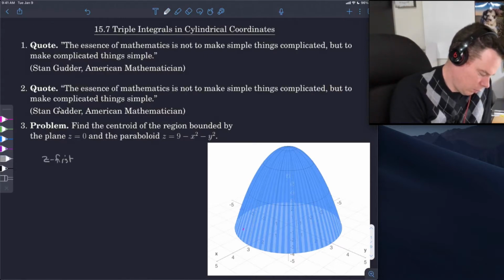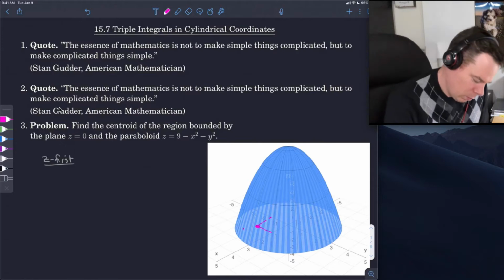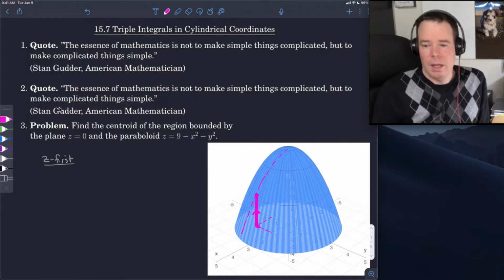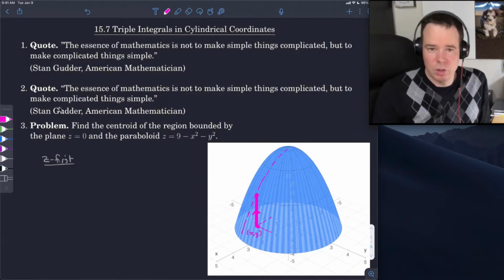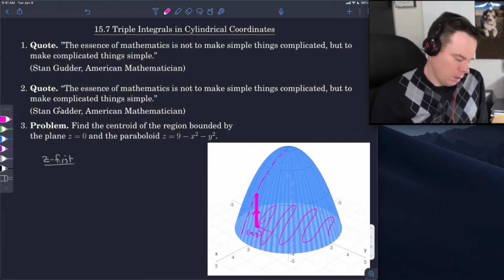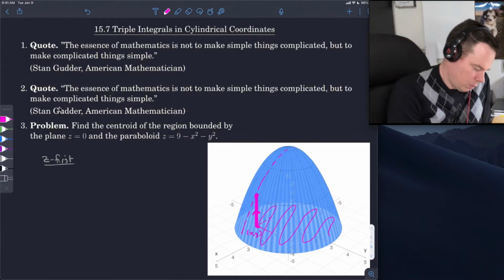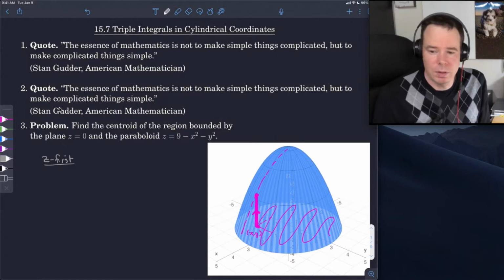If we wanted to do a z first integral to do this, we would think, okay, for a given point in the footprint, we would then integrate along the z direction. And so we're integrating along this line segment, and then we'd let that arbitrary point xy that we just integrated above sweep out the region. And so with our integral, we integrate z first, and then we're eventually going to have to sweep over the circular region.